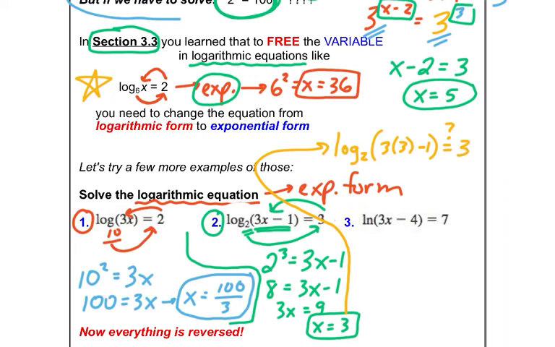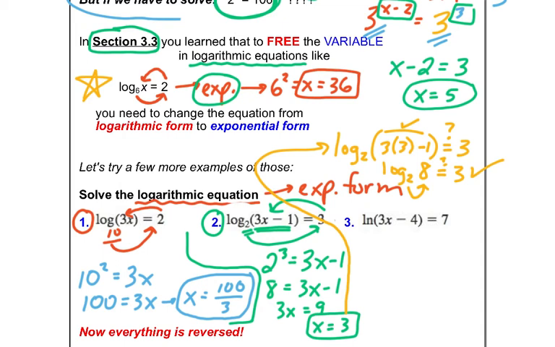Well, let's simplify inside the parentheses. This is log base 2 of 8. Does that equal 3? And it does. 2 to the what power gives you 8, and it is 3. So we can always double check our answers on these. That's great. All right, number 2 is good.